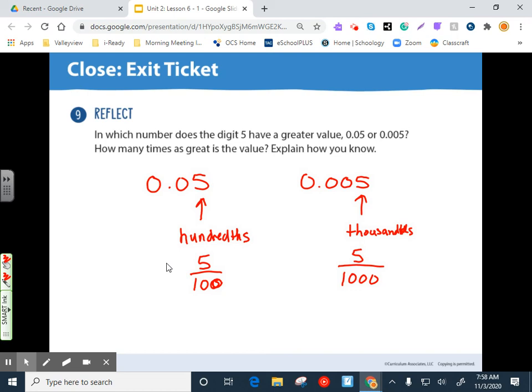It would be this one, because it would take a lot more pieces to make it up. Or think about puzzles. If you did a 100-piece puzzle, the pieces are usually much larger than doing a 1,000-piece puzzle. So if that helps you remember it, just keep thinking of it like that.